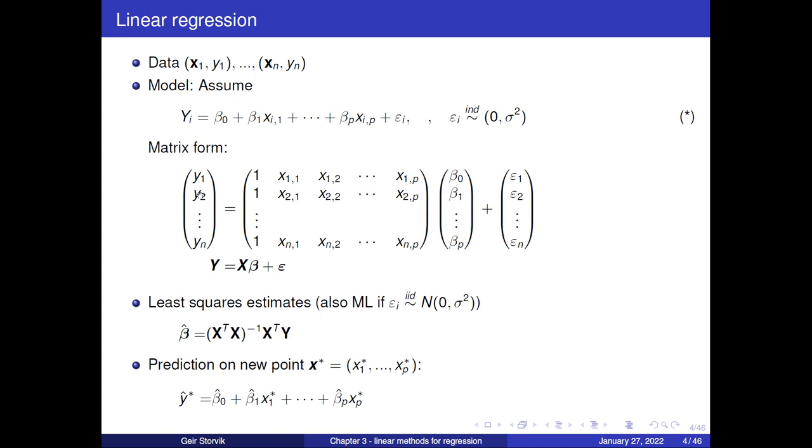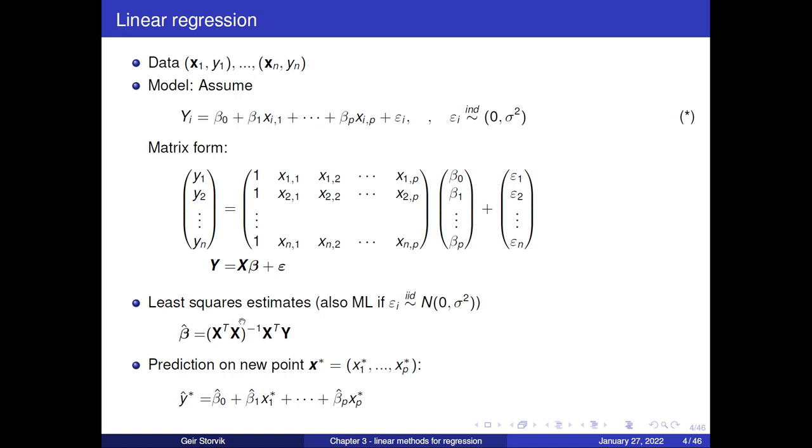And then we saw earlier as well that we could write this relationship in matrix form by specifying this design matrix and corresponding vectors. Then we have this on vector form: y equals X beta plus epsilon. And then we also saw that the least squares estimate is given by this beta hat, which has this analytical expression.